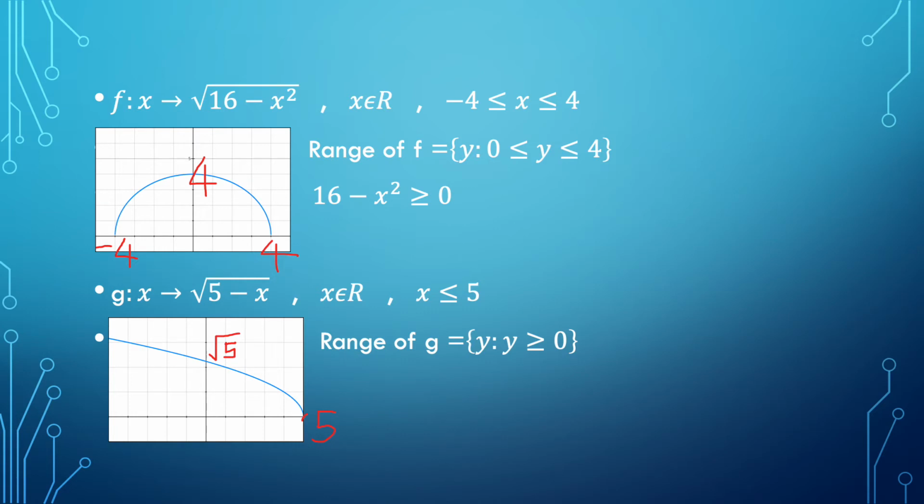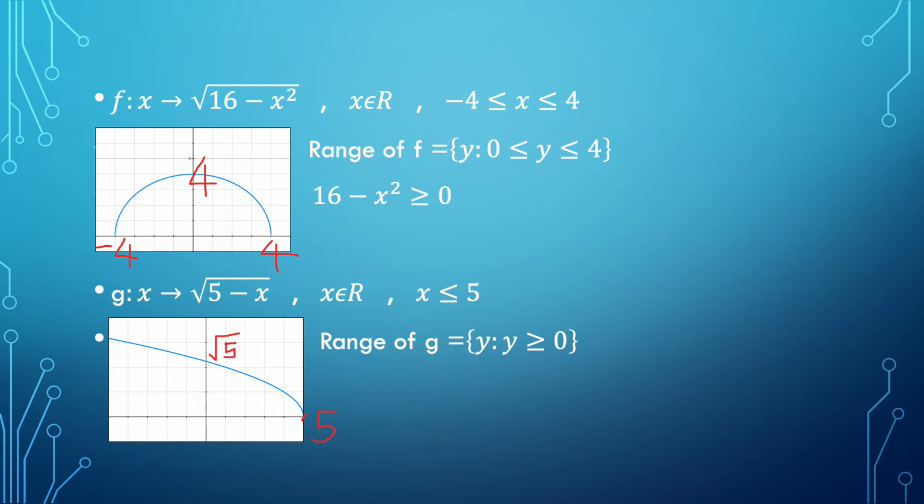So we can determine the domain of the function g, that is x belongs to real numbers and x less than or equal to 5. Function g: x maps to square root of 5 minus x.